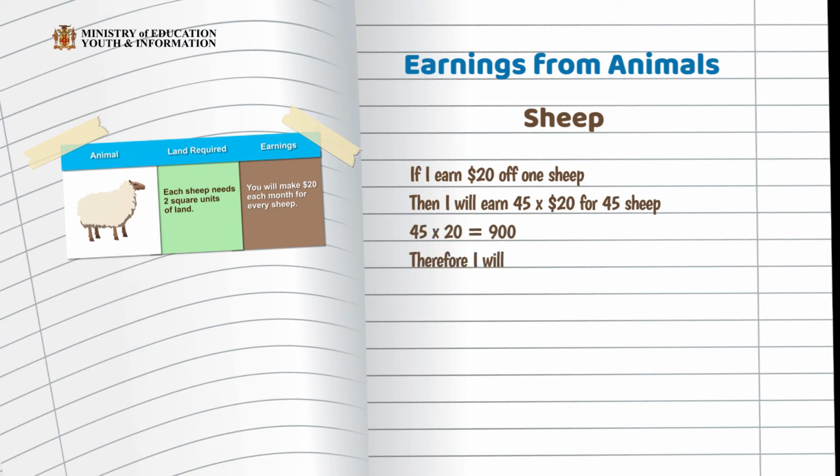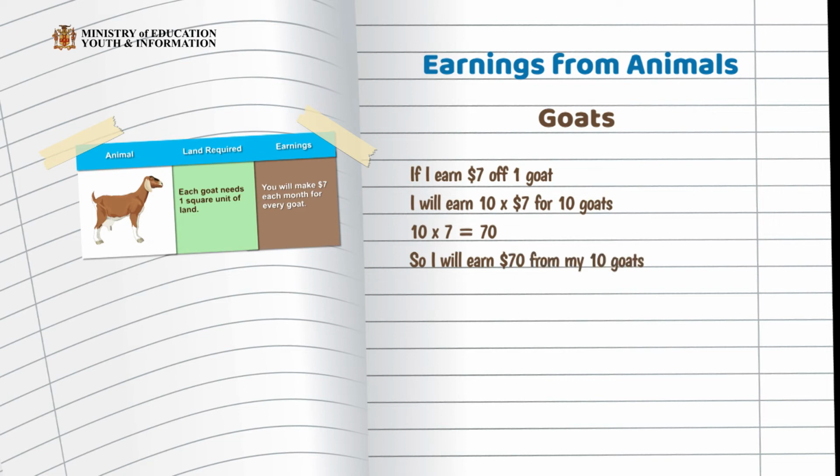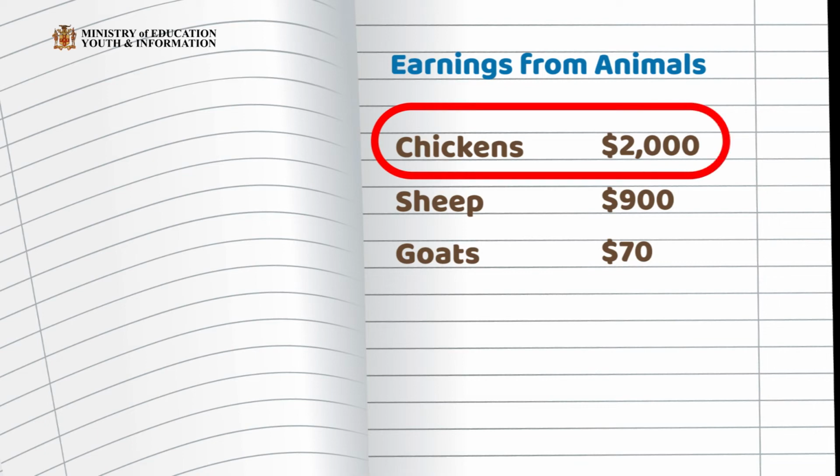Therefore, I will earn $900 from my 45 sheep. Then, for the goats, it would be $7 off 1 goat. So I will earn 10 multiplied by $7 for 10 goats. I will earn $70 from my 10 goats. So the chickens will earn me the most money.